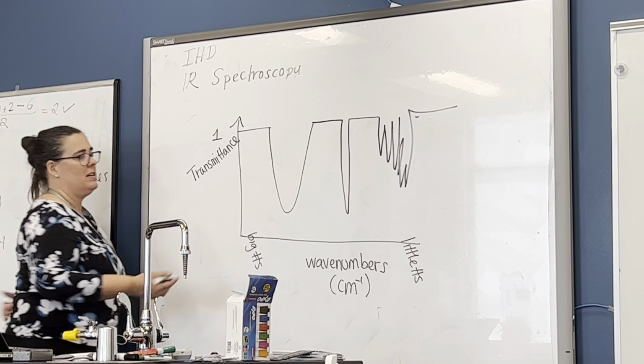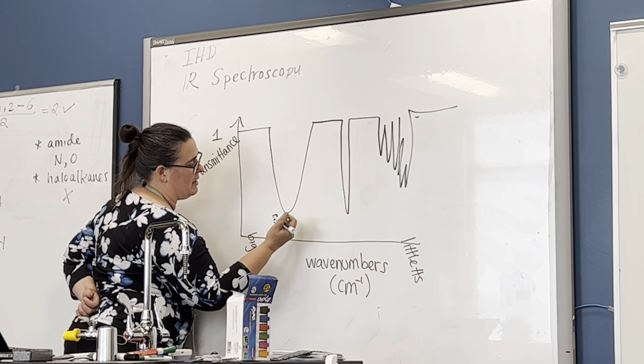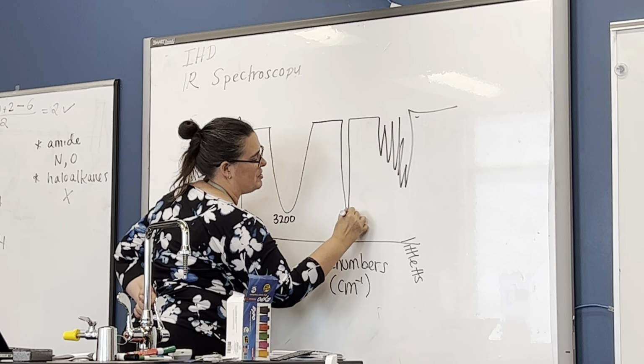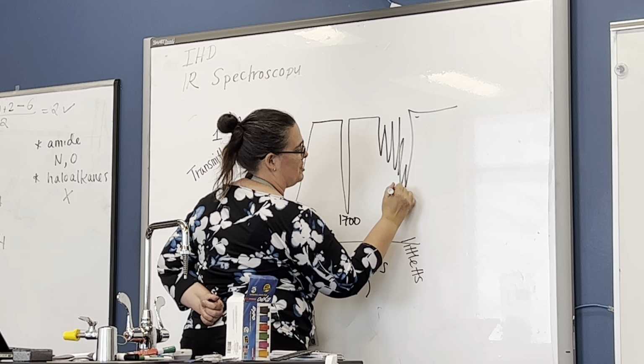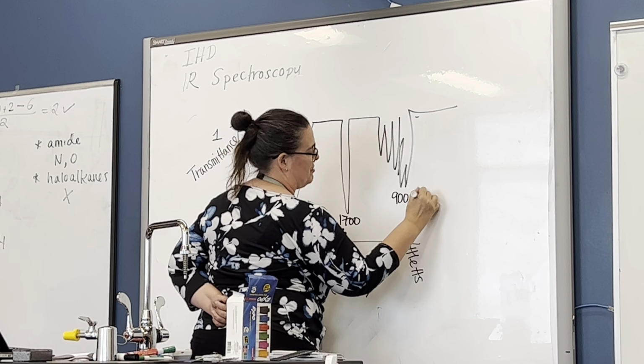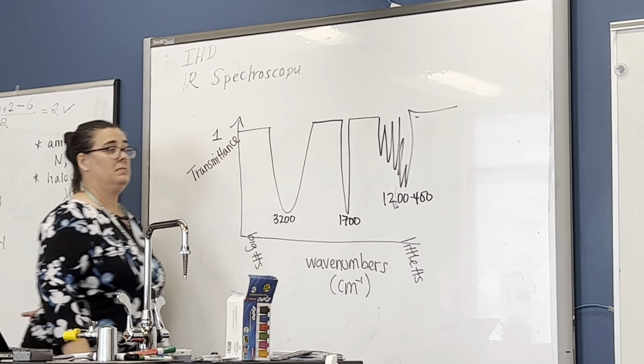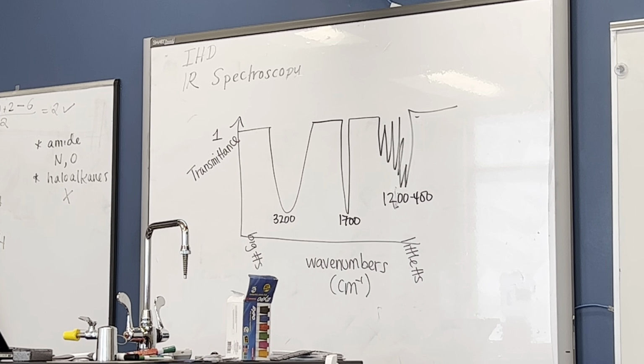We will find that frequently we have something around 3200, something around 1700, and a whole bunch of junk in the 900 to 400 region, maybe 1200 to 400. This graph is frequently not linear.